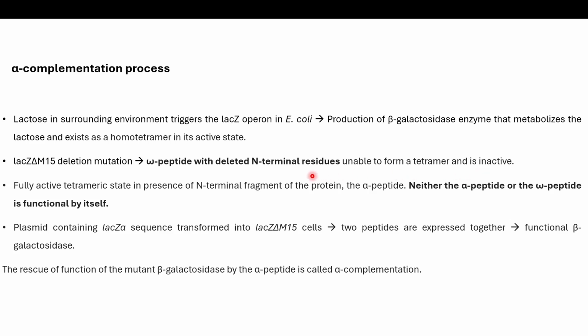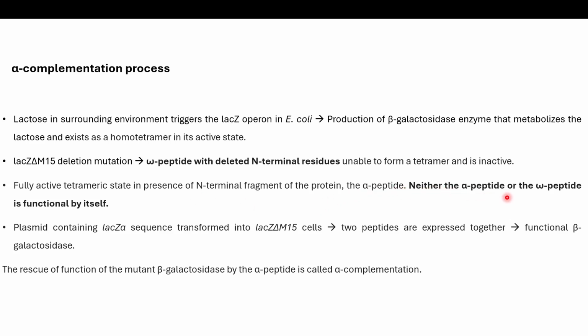The fully active tetrameric state is only possible in the presence of the N-terminal residues. The remaining sequence that is formed is called the omega peptide, and the deleted N-terminal residues can also form a particular peptide, which is called the alpha peptide.